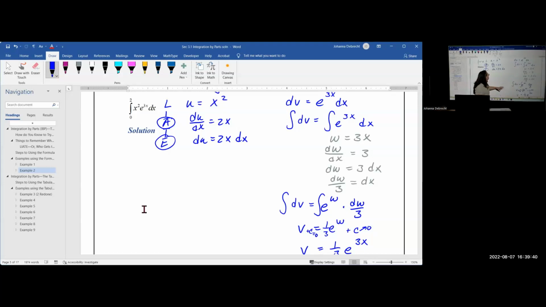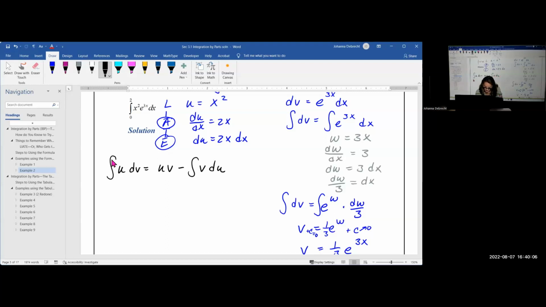That's the next row. So we take u times v minus the integral of the product of the bottom row, which is v times du. So now we're going to write our formula over here. So we have the integral of u dv is equal to u times v minus the integral of v du.